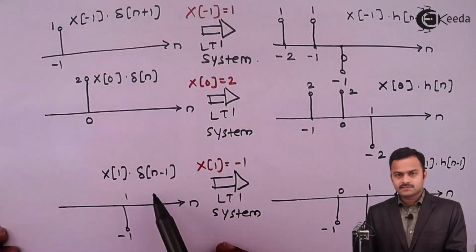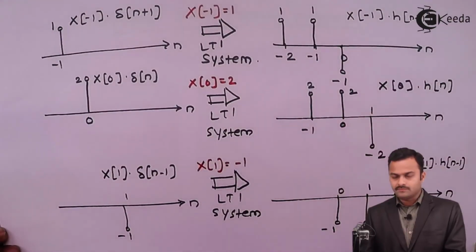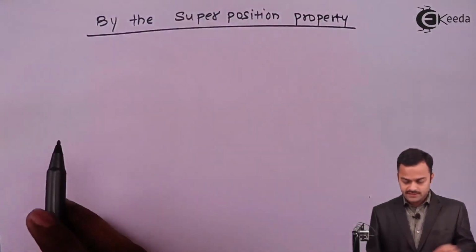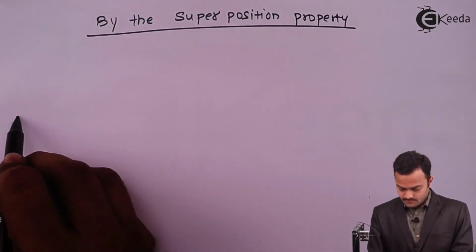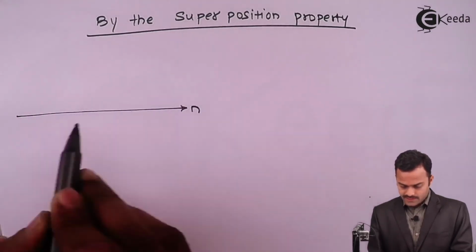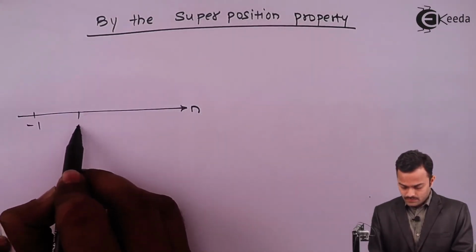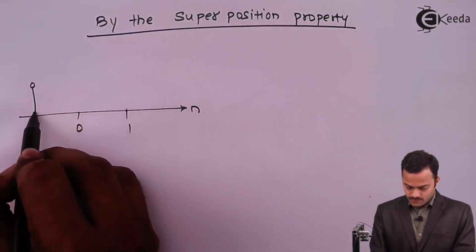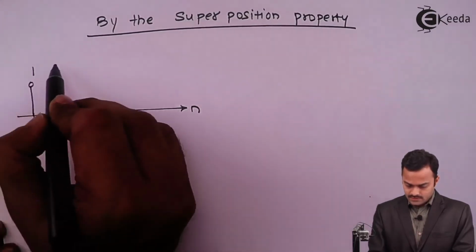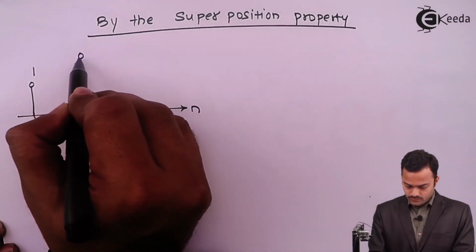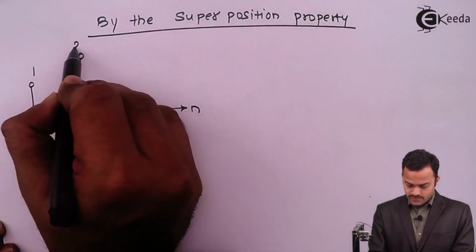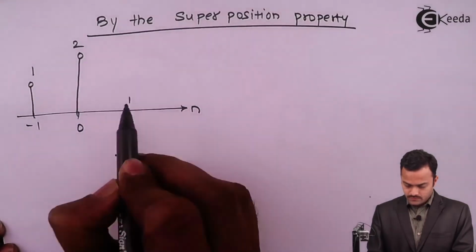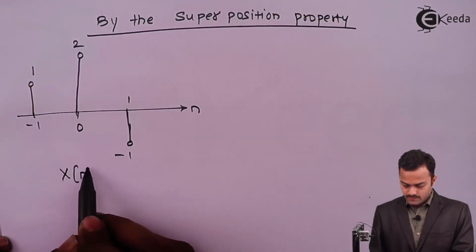So if I sum these, obviously the responses should also be summed up to get an output. So if I sum this up, I will get x of n like this. It exists from -1 to 1 and has the value 1 for n equal to -1, then 2 for n equal to 0, and -1 for n equal to 1. So this is x of n.